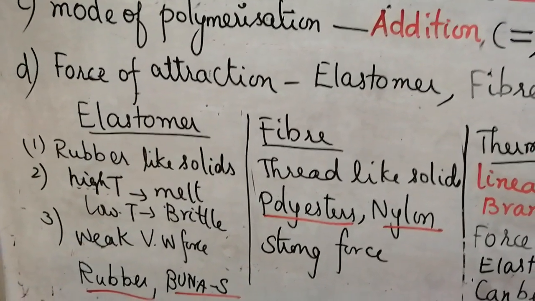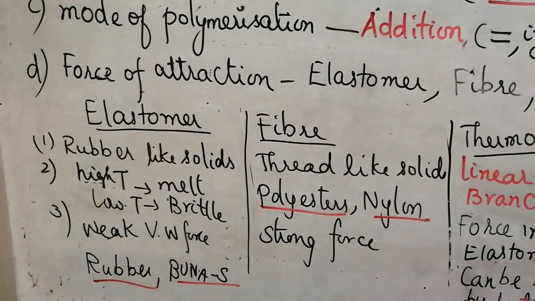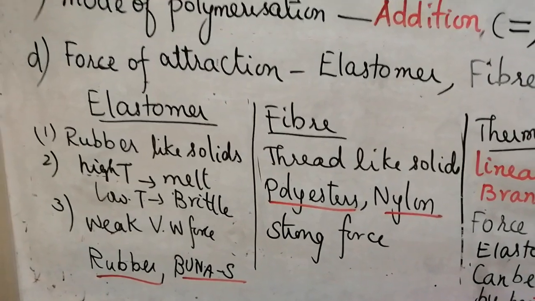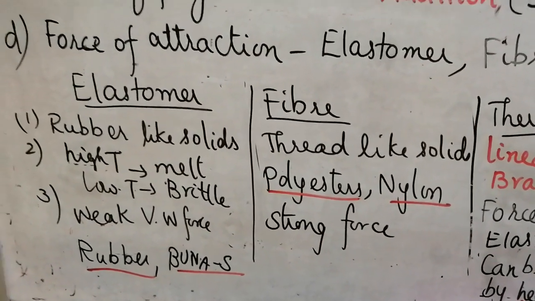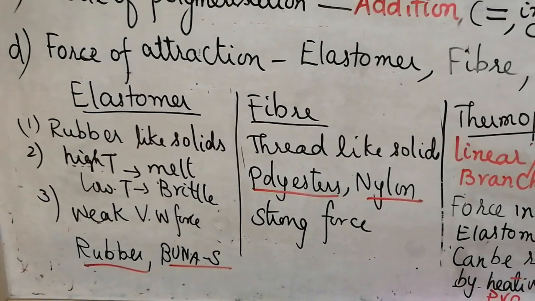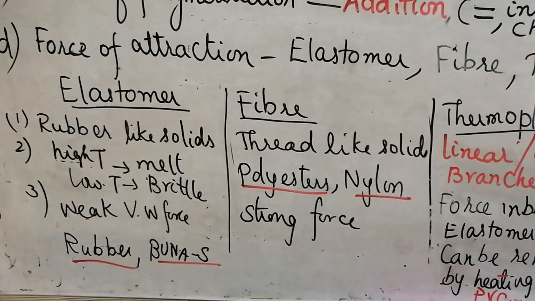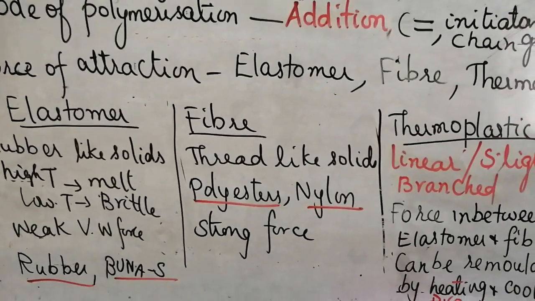They are called elastomers. They are rubber-like solids. At high temperature they will melt easily. Rubber bands which we are using, at high temperature they will melt. At low temperature they will be brittle and break, because they have weak van der Waals forces of attraction. Example: rubber and Buna.